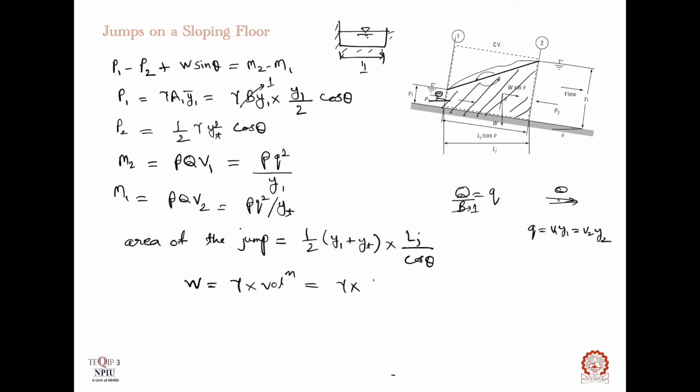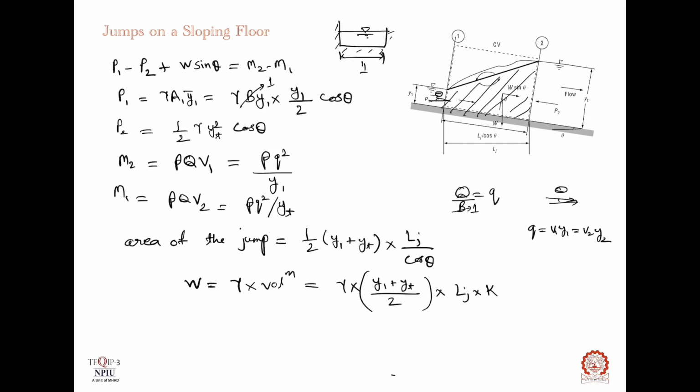So this will be y1 plus y2 divided by 2 multiplied by Lj, and to account for the profile of the jump and the cos theta term, we are introducing a coefficient, that is k.